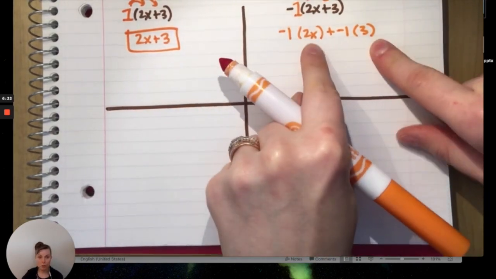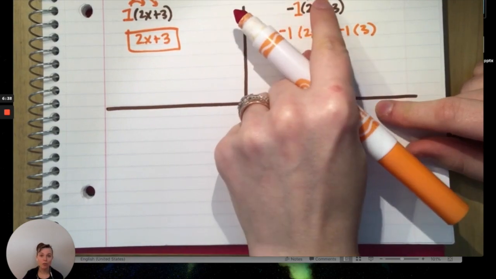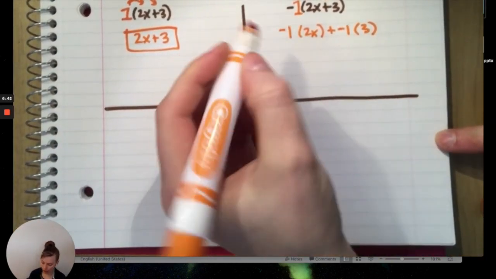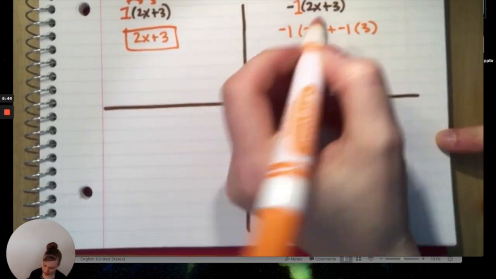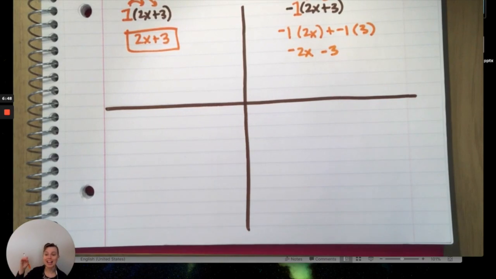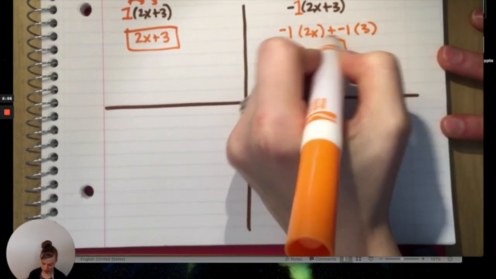So think about where the 2x and the 3 came from, where the negative 1 came from, why did I do rainbows, and where did that plus sign come from. Negative 1 multiplied by 2x is negative 2x. Negative 1 times 3 is a negative 3. You could write it as plus negative 3. That would work. And then those are as like terms as I can get because that's an algebraic term, that's a constant, so I'm stuck.